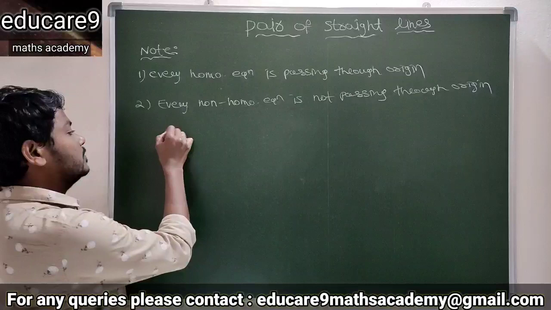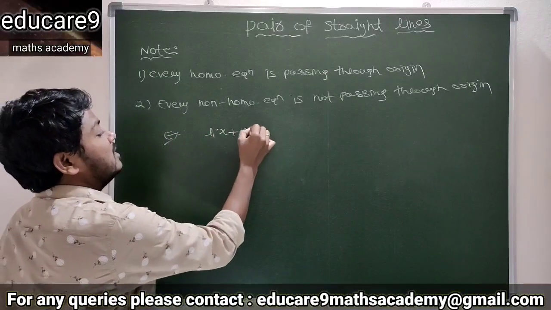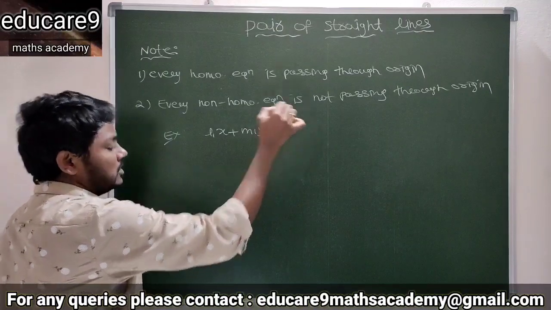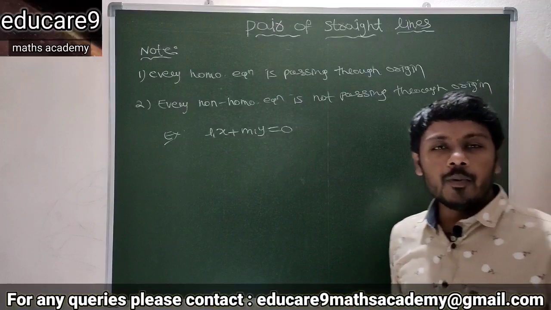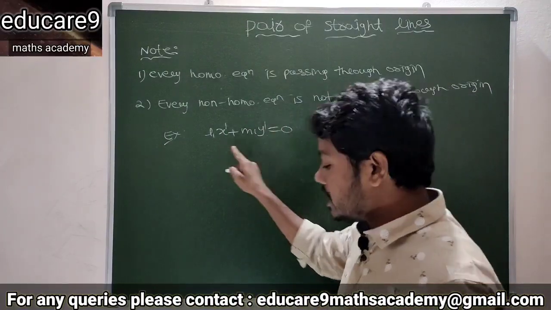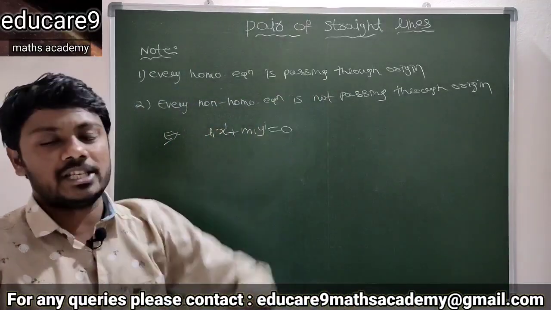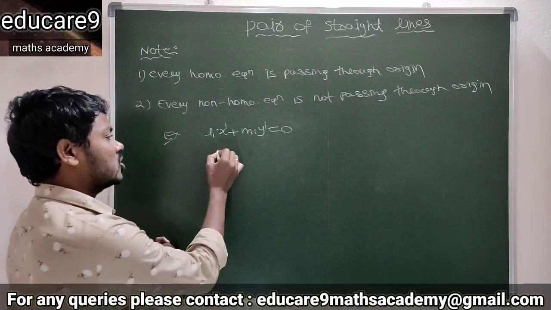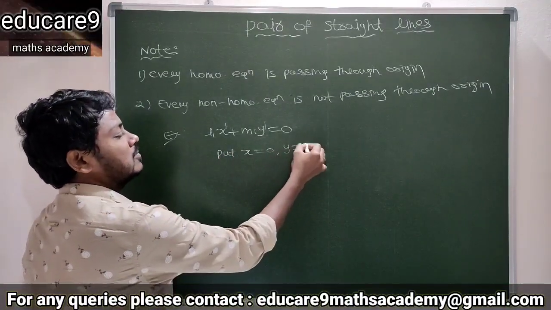For example, l1x plus m1y equals 0. What is this equation? Homogeneous, because x has degree 1 and y has degree 1, so it has the same degree. Put x equals 0, and you get y also 0.